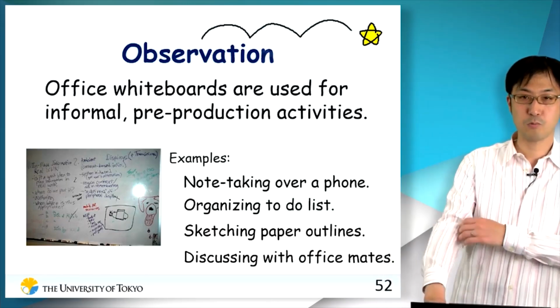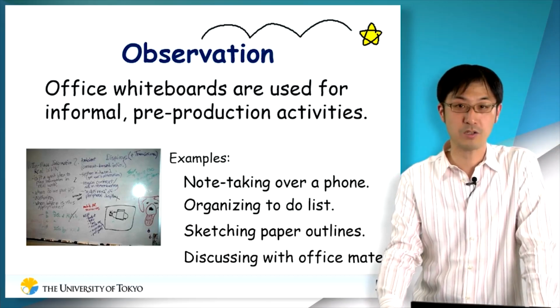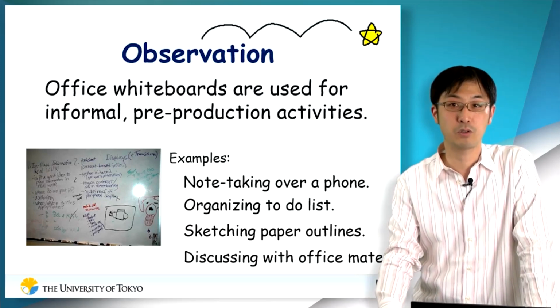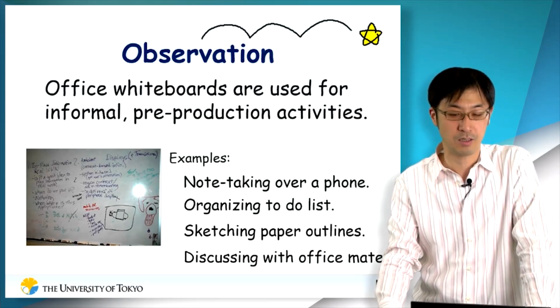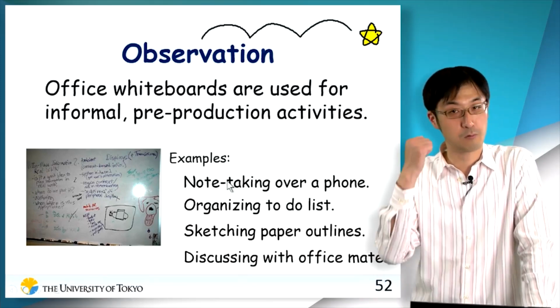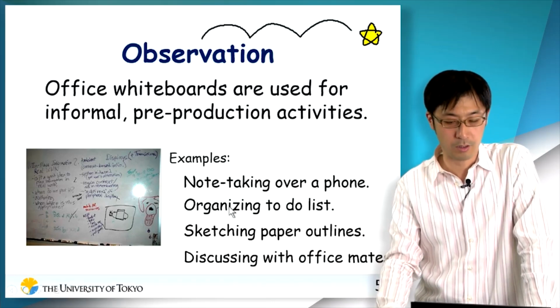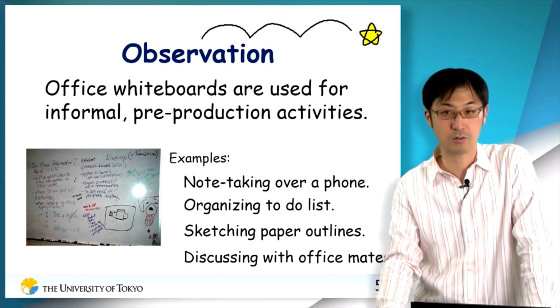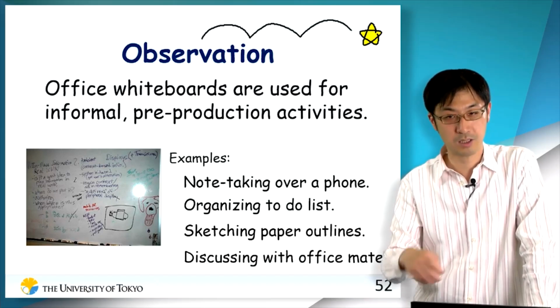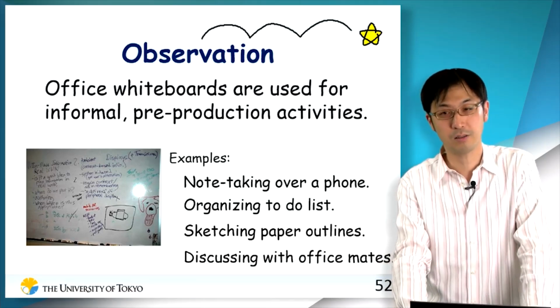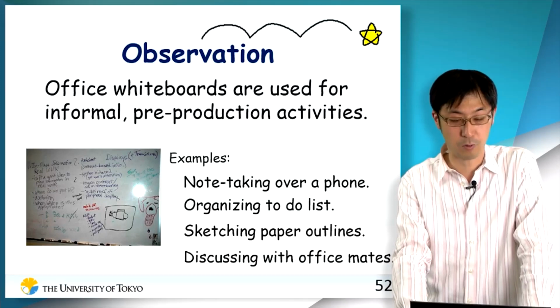This work started with an observation that office whiteboards are used for informal pre-production activities. Examples are note-taking while you are on the phone, organizing a to-do list, sketching paper outlines, or discussion with other office mates. These kinds of informal discussions are what we want to support.